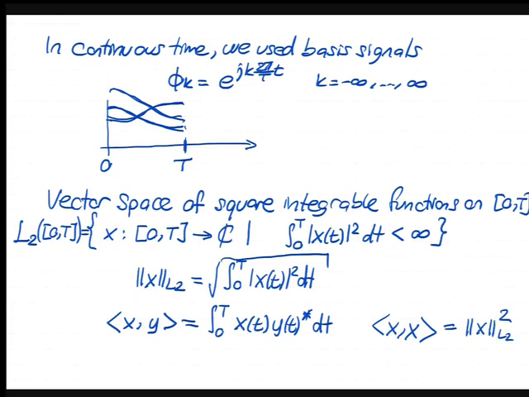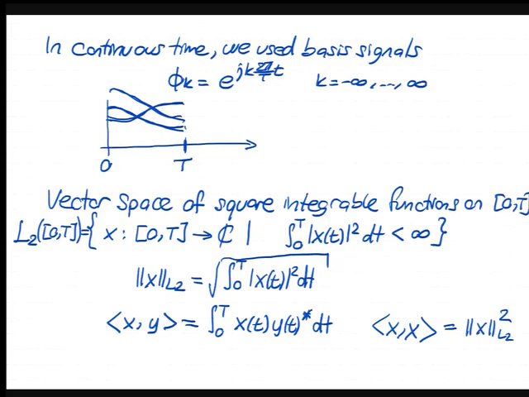Okay? So, if you live in this very abstract space, then you can still interpret the Fourier series that is infinitely long as a change of basis. Because again, what we do is we take any arbitrary x and try to write it as a weighted sum of those phi k functions.